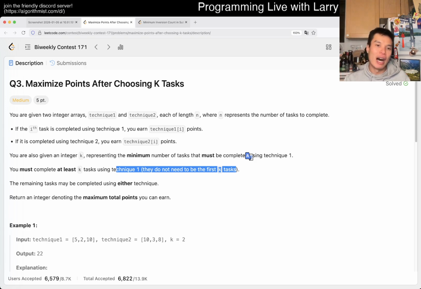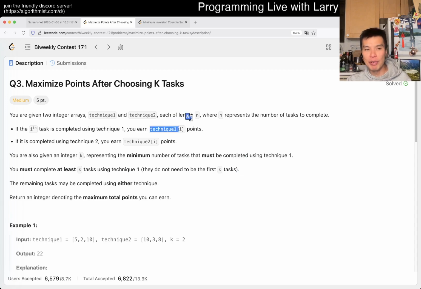And for me, an idea that you can play around with is that the points you get from using technique 1 or 2 don't matter by themselves. It's only relative, right? In trying to maximize the points, all it matters is the extra points you get for choosing 1 over 2 or 2 over 1, depending on how you want to frame it.